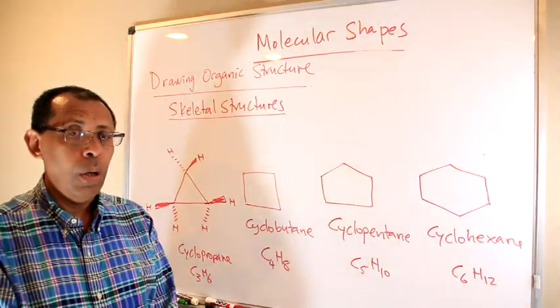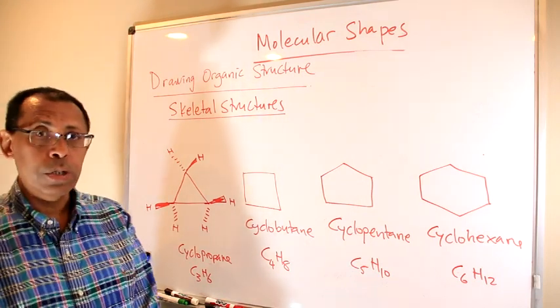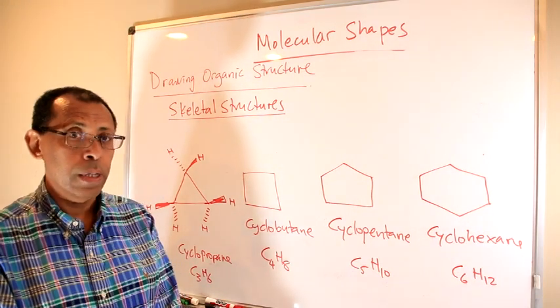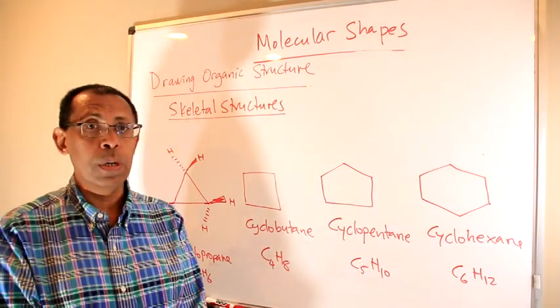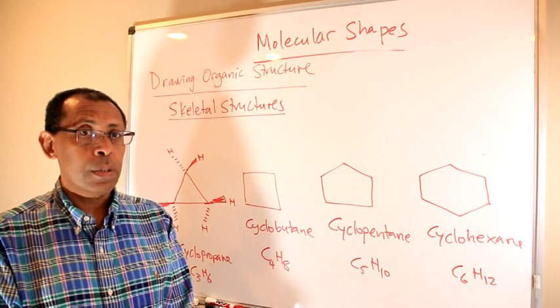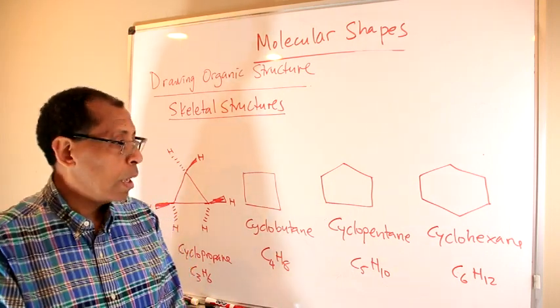Continuing our discussion on structures and tetrahedral structures with skeletal and condensed structures, one thing you should remember, organic compounds can also exist in a cyclic form of different sizes.